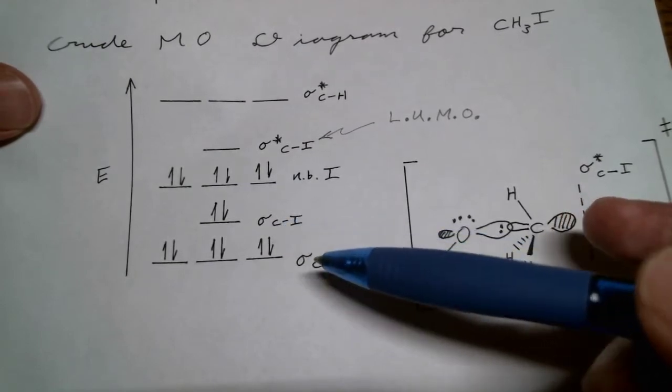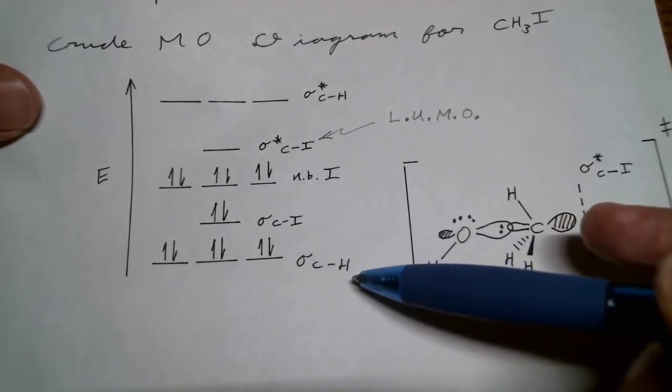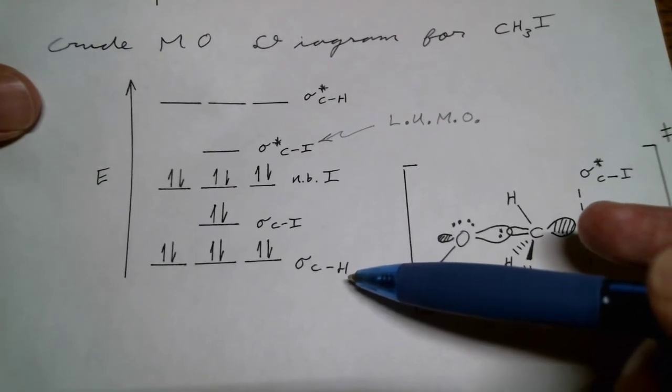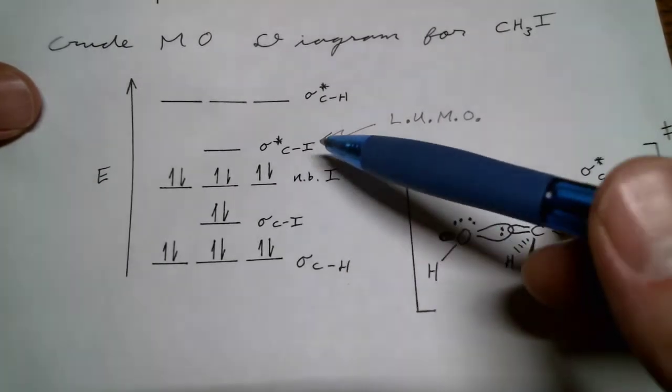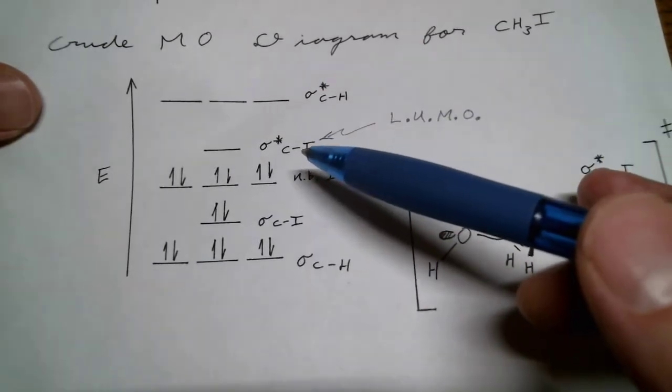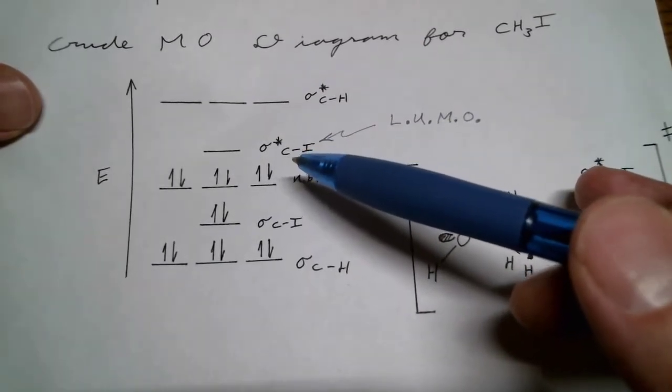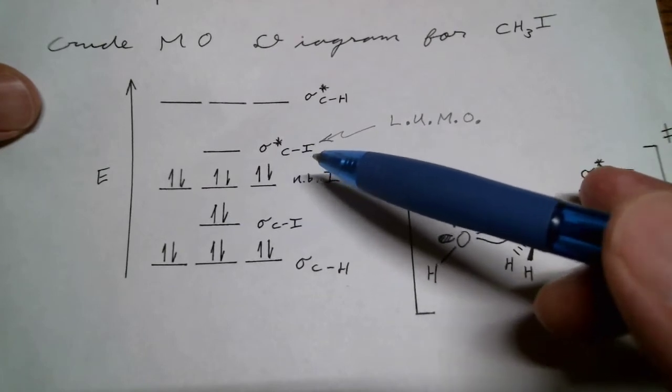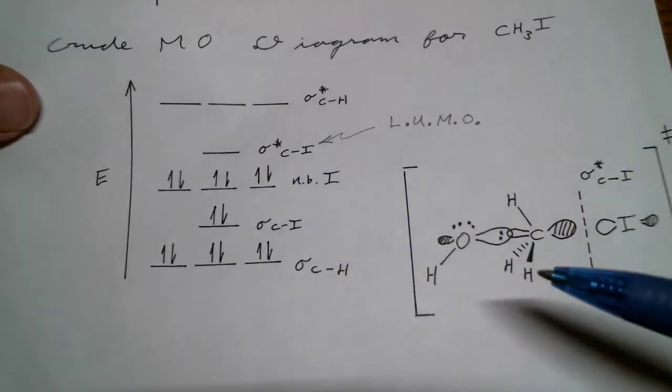An sp3 and a 5p versus an sp3 and a 1s, and that's why our lowest unoccupied molecular orbital is the sigma star carbon-iodine molecular orbital.